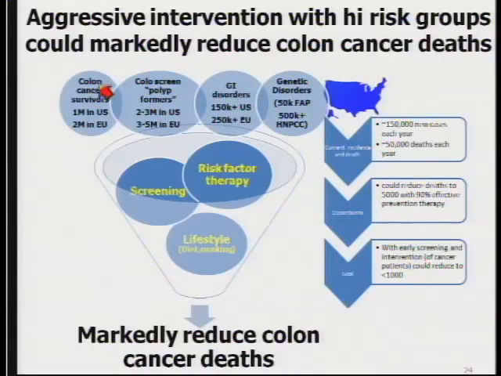If we start with these high-risk individuals and then combine screening, combine lifestyle, diet, as I've talked with you earlier about, along with effective risk factor therapies, effective meaning potential to reduce the number of people with adenomas by 90%, has the potential thereby to reduce this 150,000 down to very significant numbers. This is a strategy that has the potential over the near future to remarkably reduce colorectal cancer deaths.